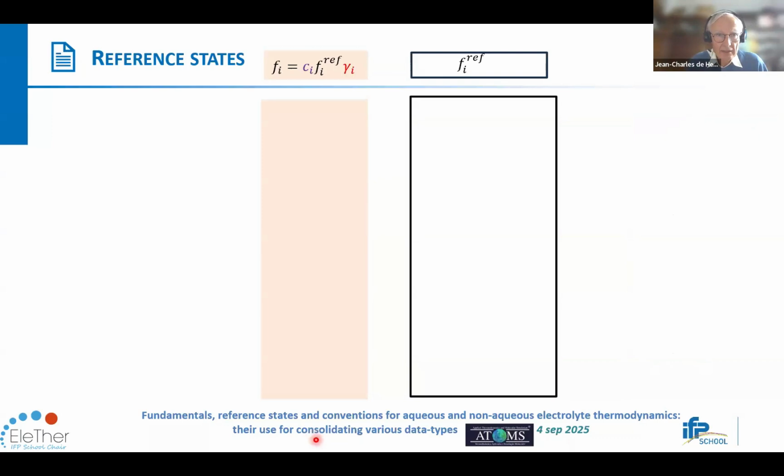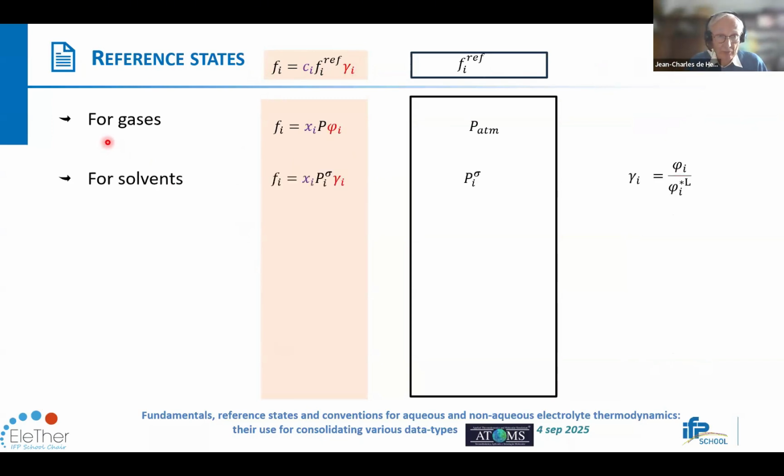So, as a summary, the fugacity is written this way: the reference state and the activity coefficient, for the different types of compounds. Each compound may have its own reference state. There is no problem with that. Gases are generally described with fugacity coefficients.